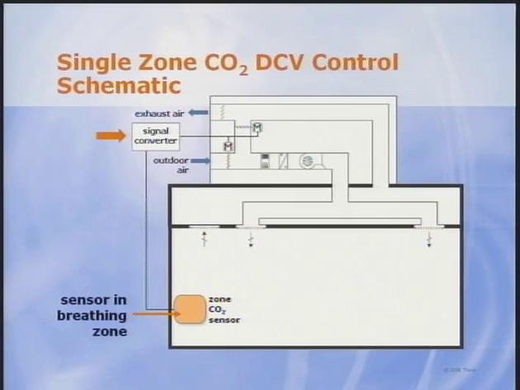The last step is the test and balance step, where the sensor output is adjusted for the proper CO2 range and the damper actuators or linkages are adjusted to provide the full occupancy and no occupancy outdoor air rates. So DCV is simple with single zone systems. How about multiple zone systems like VAV systems?